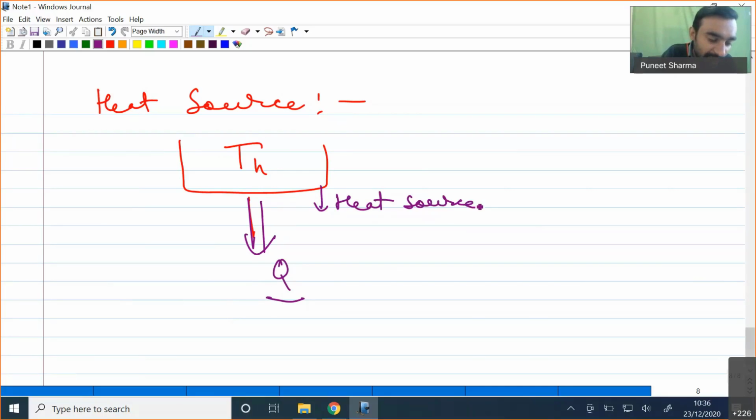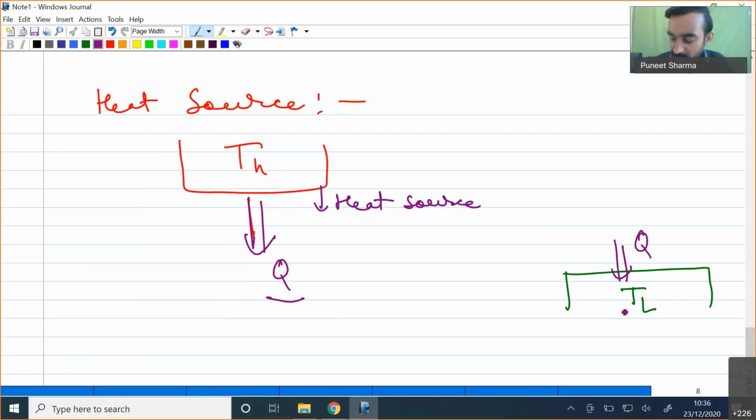Okay, and we have certain systems which are maintained at low temperature. We add some Q amount of heat to this system, and if upon adding the Q amount of heat their temperature does not change and remains the same at the TL value, we call this type of system a heat sink thermal reservoir.